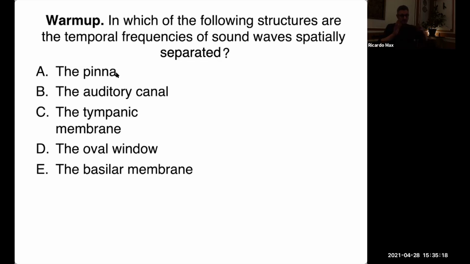They are not separated. In the outer ear, all the frequencies pass through. Maybe they are filtered a little bit, but they are not separated. Auditory canal, the same.